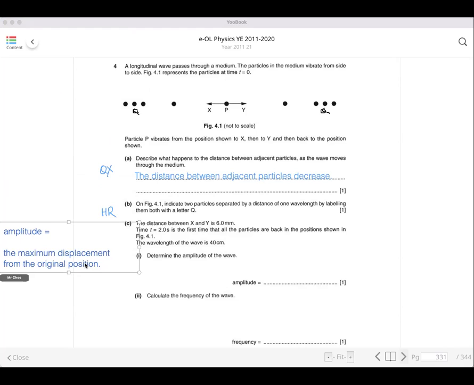Clear now? Describe what happened to the distance between adjacent particles as the wave moves through the medium.